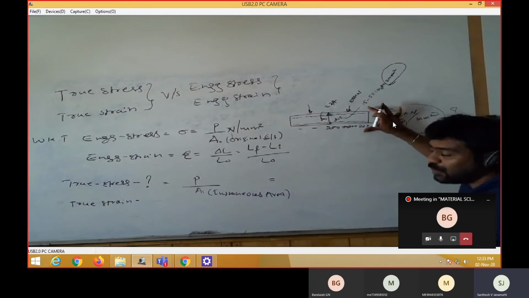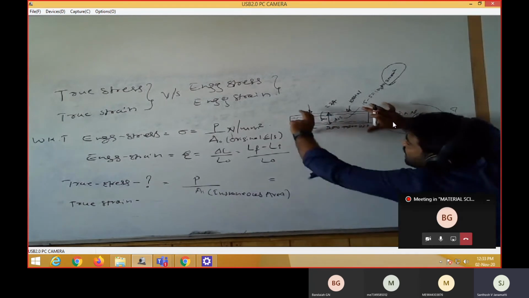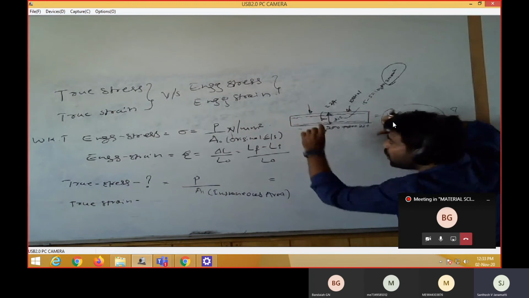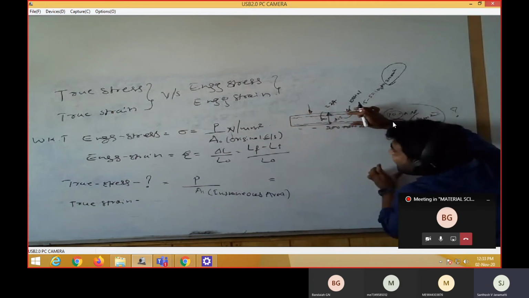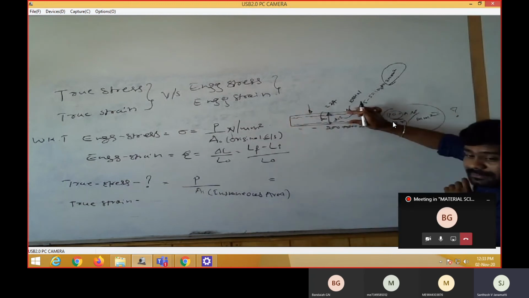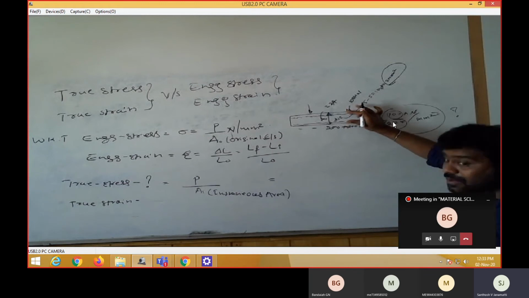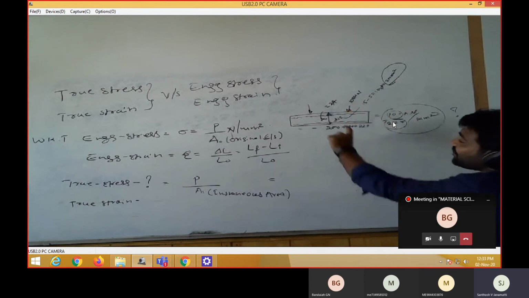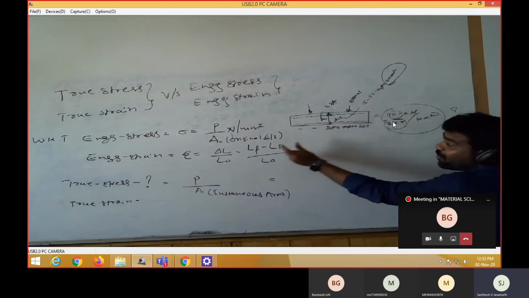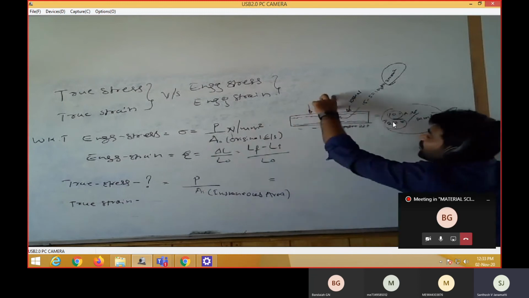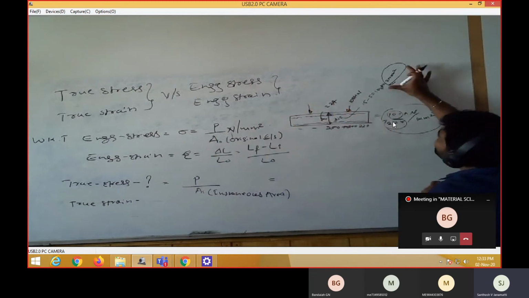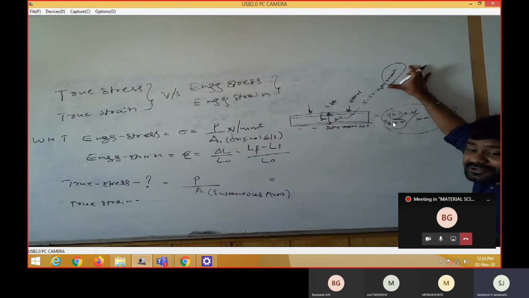Because I am applying a 100 kilonewton compression load, the diameter of the sample will be reduced, and obviously the area of that sample will be reduced after applying the load. So instead of the original area 224, I'm now taking 200 because of the reduced area.